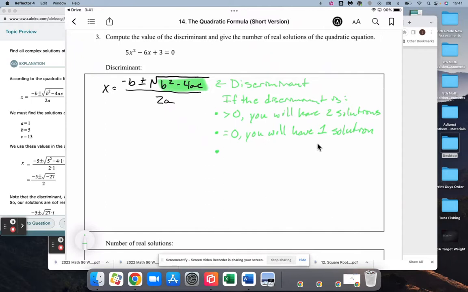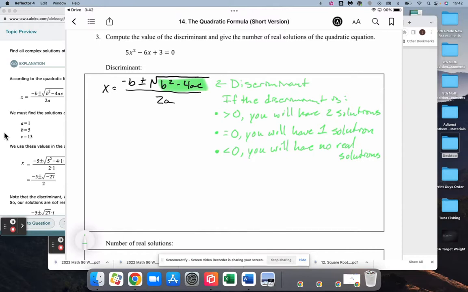And then lastly, if the discriminant is less than 0, you will have no real solutions. And the reason for that is if the discriminant is less than 0, we are taking the square root of a negative number, and so we are going to end up with imaginary solutions or complex solutions, not real solutions.